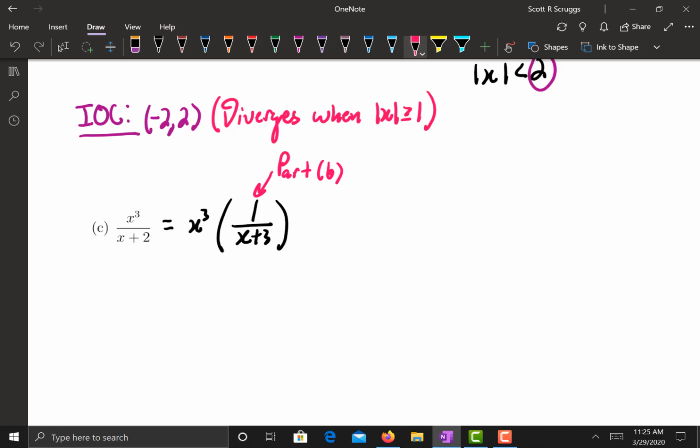We already know what the power series is for not x plus 3 but x plus 2. We already know what that power series is by our work from part B. So that will be x cubed times the sum k equals 0 to infinity of 1/2, so I'll rewrite that as, to make it more concise, x cubed over 2 times -x over 2 to the kth power.